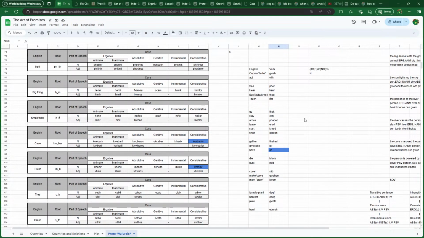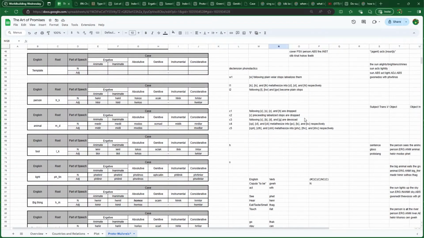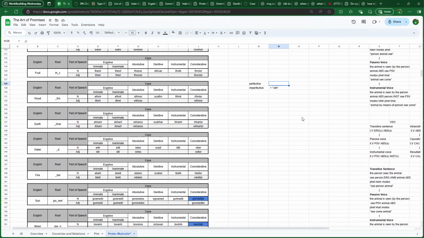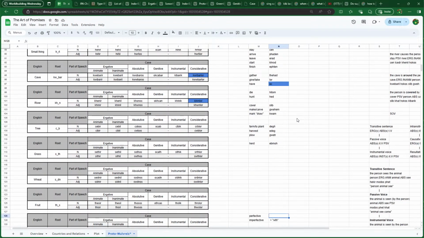And then the imperfective is unmarked. But I can have that be handled by finish, right?